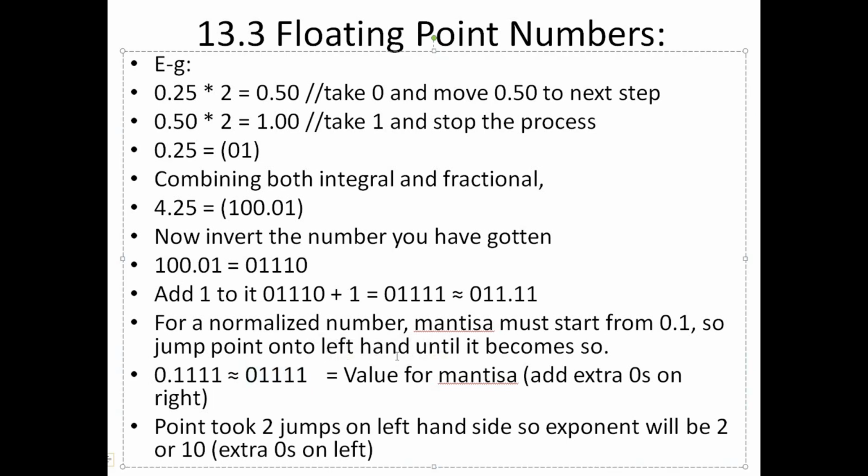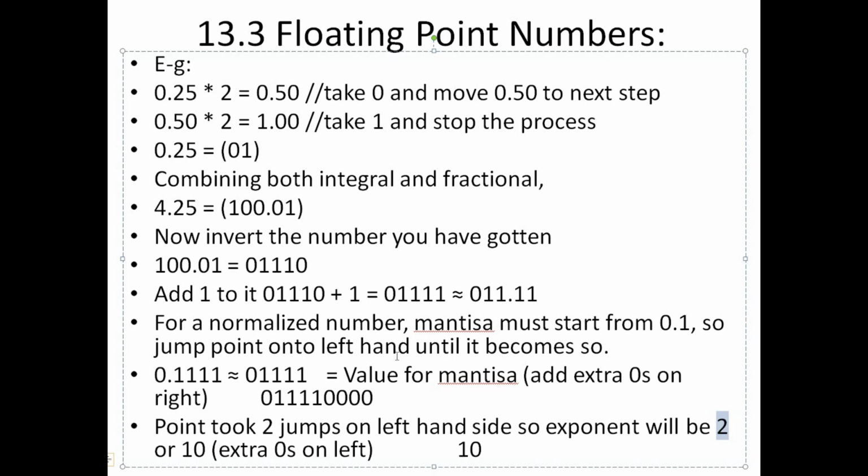Let's say if you had an 8-bit of mantissa, so 1, 2, 3. This will be your answer for mantissa of 8-bit, and let's say we have 8-bit of exponent. Then this will be your answer. And now remember, for exponent you gave the point jumps on the left hand side. You will be writing extra zeros on the left hand side as well, so that basically the point took 2 jumps.